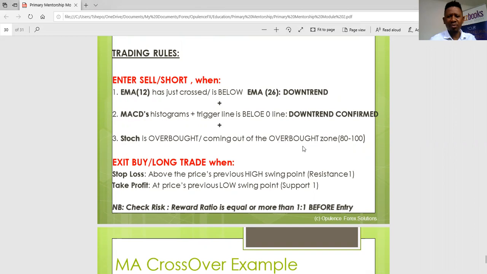The stochastics must be overbought, and you only exit either at resistance points or when the stochastics turn. Stop loss is going to be at your first resistance point, and the take profit is going to be at your first support point. Please check that the risk to reward ratio must be equal or more than 1:1, something that I mentioned before.